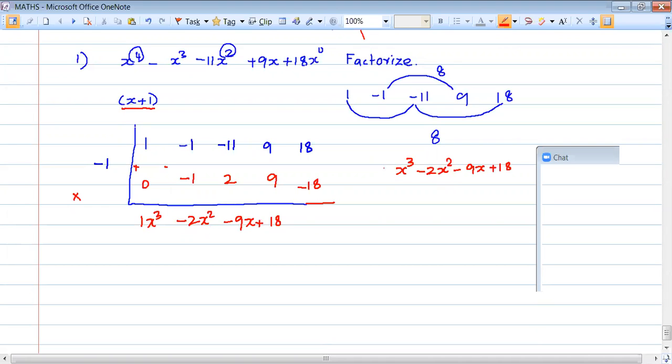Understand? Okay, so we can write x power 4 minus x cube minus 11x square plus 9x plus 18 in the form of x plus 1 into this one.